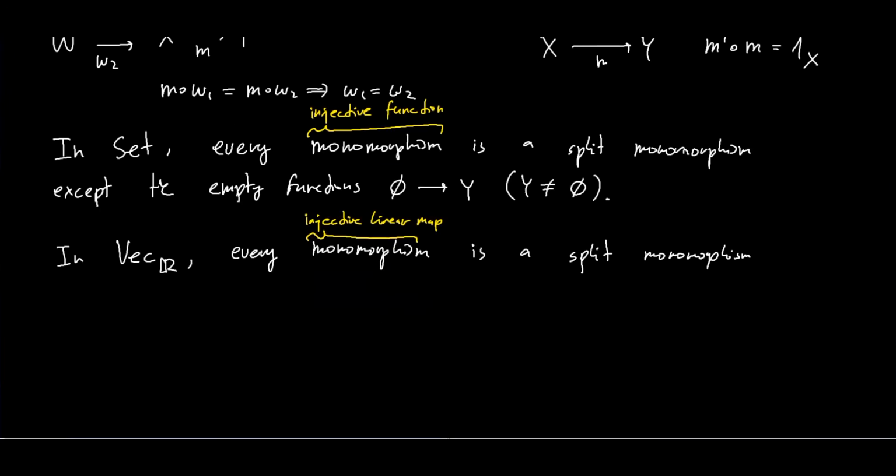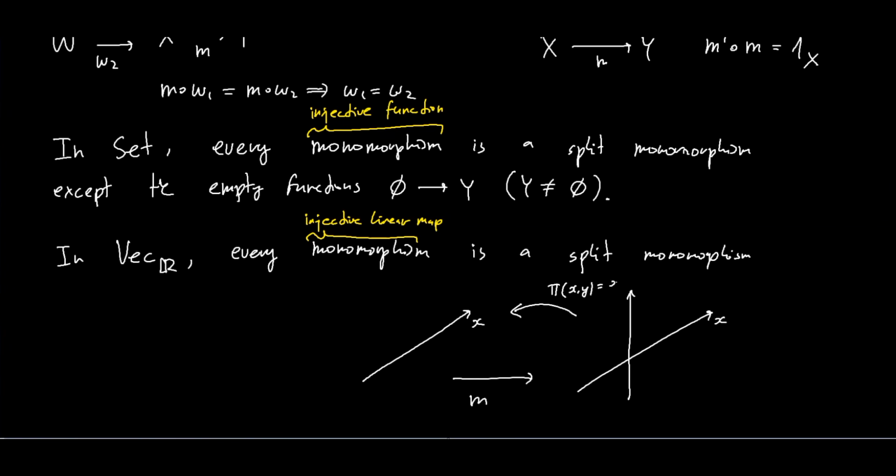Just an example to illustrate this idea. Let's say we take the one-dimensional vector space. We have a mapping here that maps every point to the x-axis. And so that gives us a certain monomorphism M. But now how do I go back? I can go back by the projection function, so pi of xy equals x.